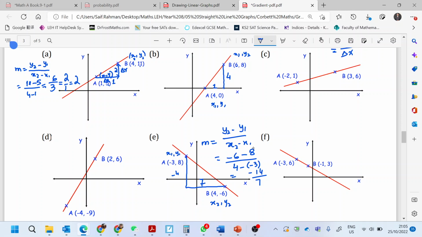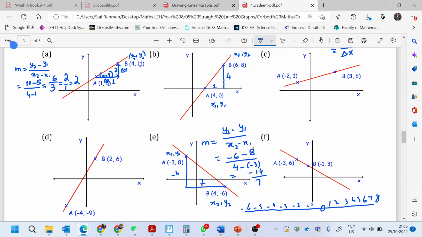If you draw just a number line here, it's 0 here and minus 1, minus 2, minus 3, minus 4, minus 5, minus 6, and then 1, 2, 3, 4, 5, 6, 7, 8.